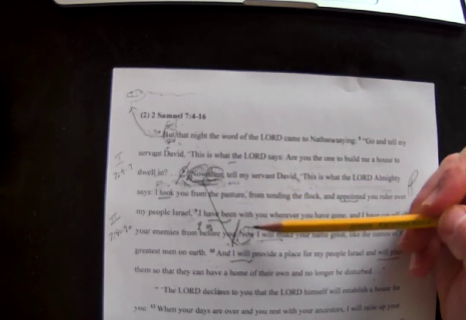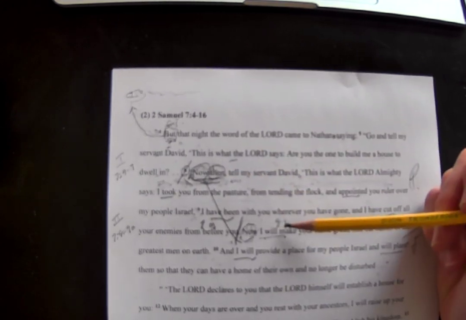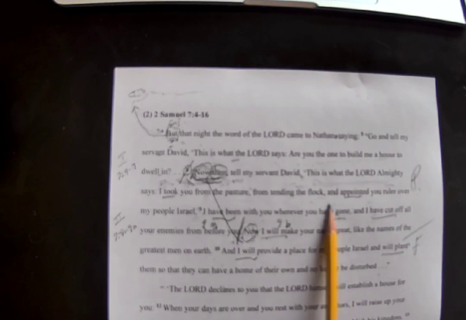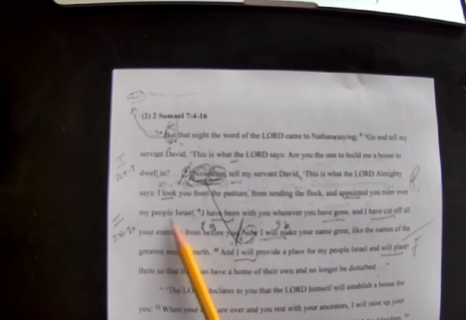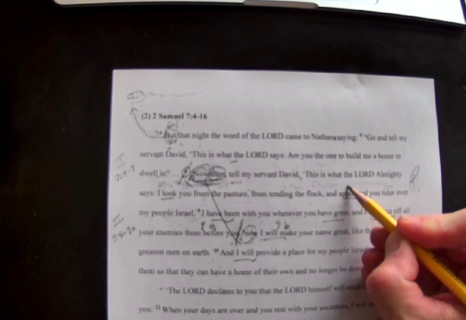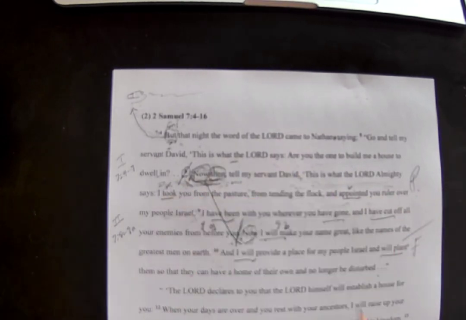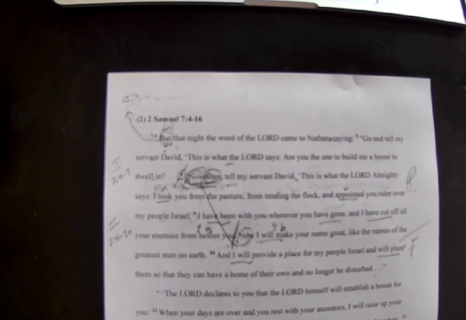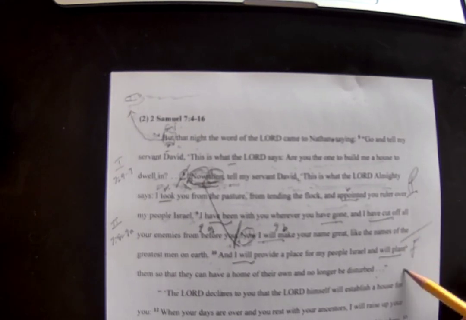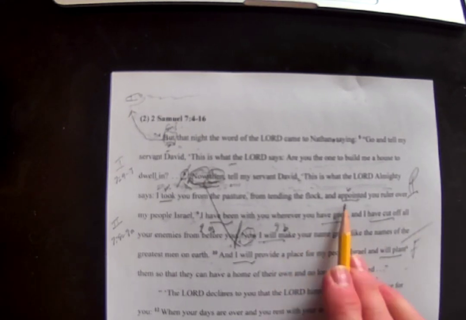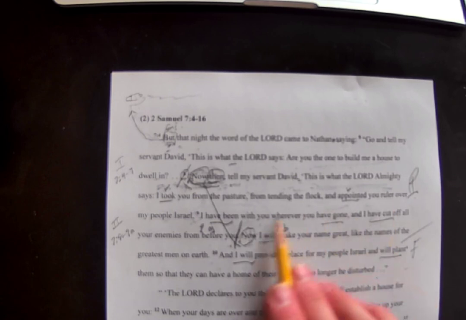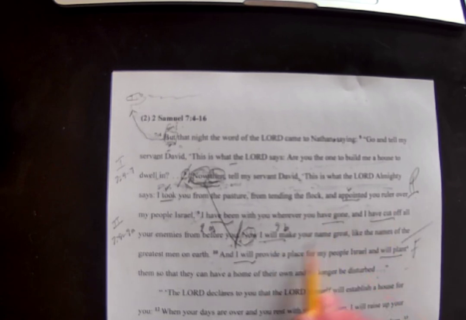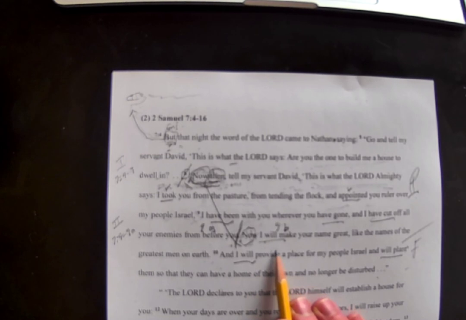But it was confirmed when I went and looked back at the verses and paid attention to the verbs. Looking at verbs is important. This is past, this is future. So appoint, past, all these are past until after the "now." And those are all future.